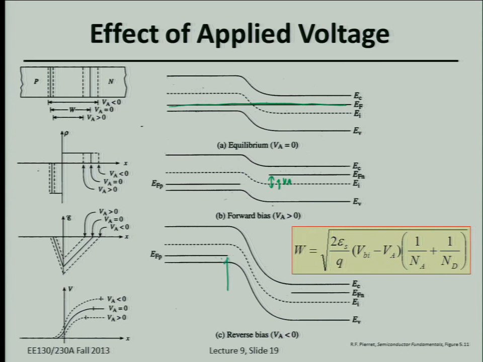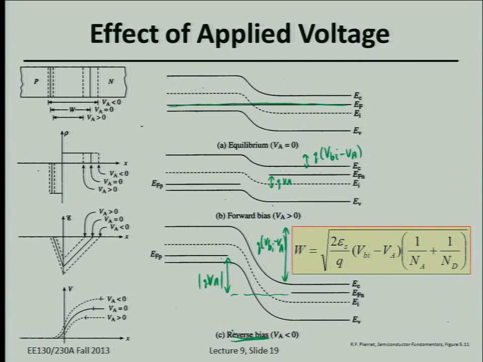In terms of the magnitude of the difference in the Fermi levels, the split in the Fermi levels will just be the applied bias. And so this built-in potential, the voltage drop across the semiconductor or across the junction, will be reduced under forward bias by VA, and it will be enhanced under reverse bias. Okay, so VA is negative under reverse bias. So this magnitude here under reverse bias, this is reverse bias down here, increases.